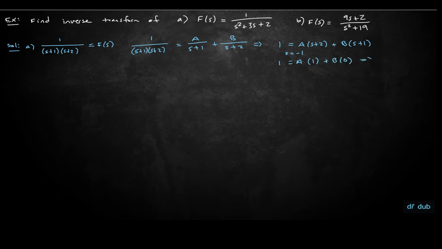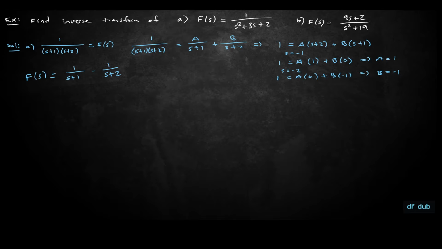So you get automatically that a is equal to 1. If you plug in s equals -2, you get 1 equals a times 0 plus b times -1. So that tells you b is -1. So really F of s now is going to be 1 over s plus 1 minus 1 over s plus 2.